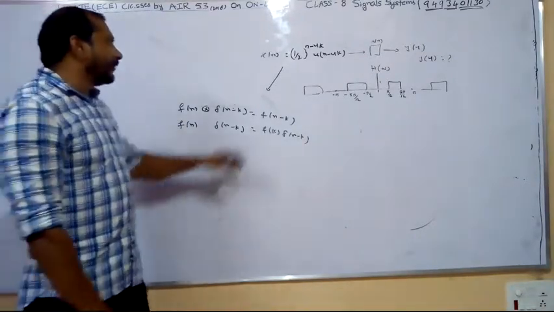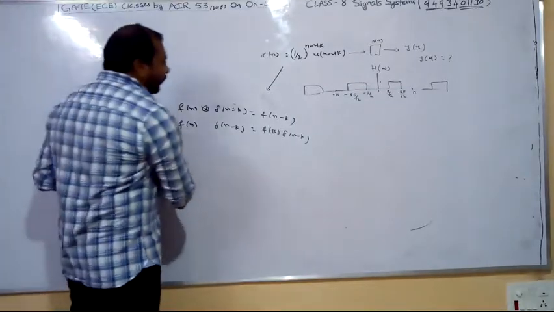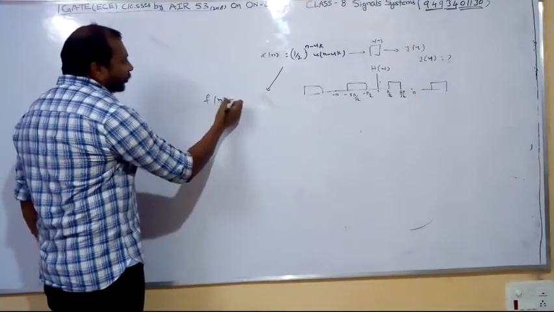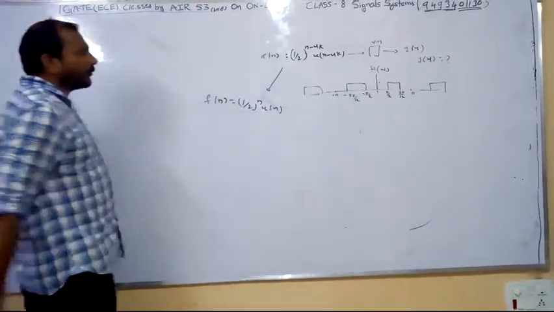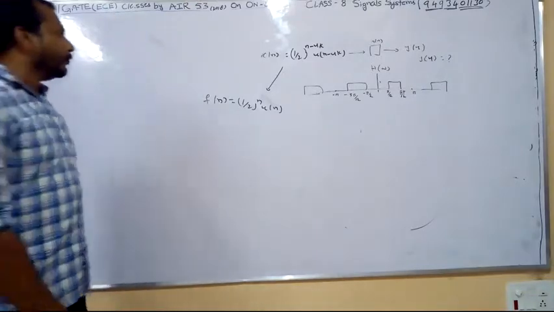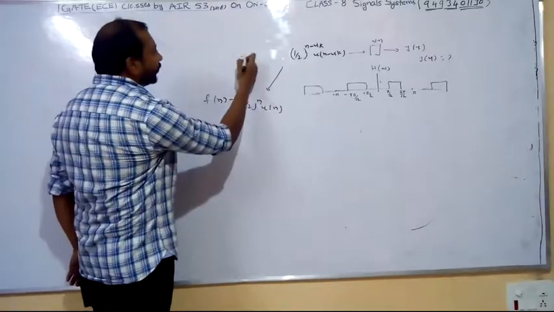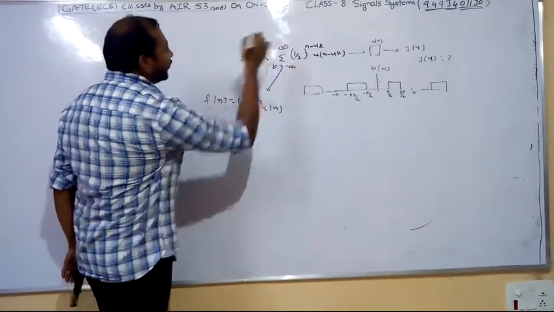Here it looks like some function f of n equal to 1 by 2 whole to the power n into u of n, which I am considering. And the summation is also there: x of n equal to summation k from minus infinity to infinity. This is the signal they have given.